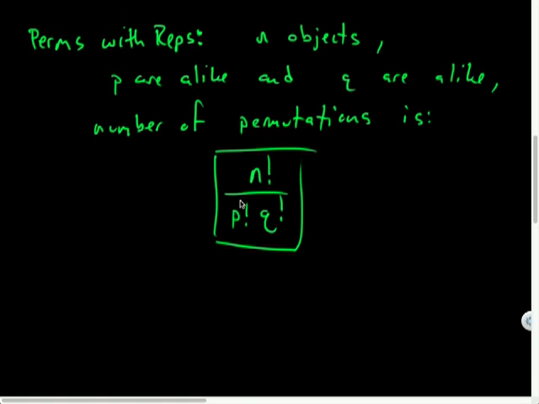If you have 7 unique repetitions, then you'd have 7 things in the denominator. So I could also have r factorial and s factorial, however many things you need in the denominator.